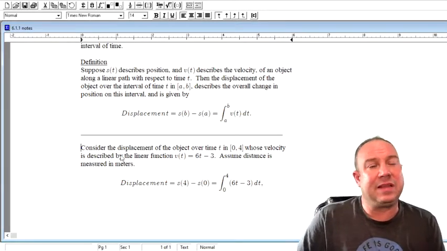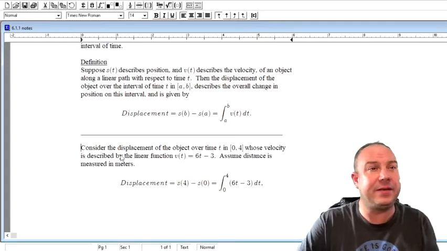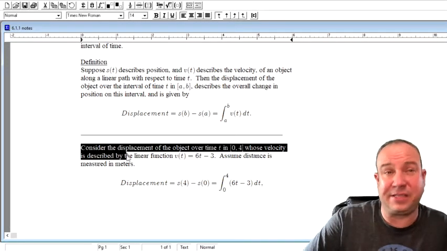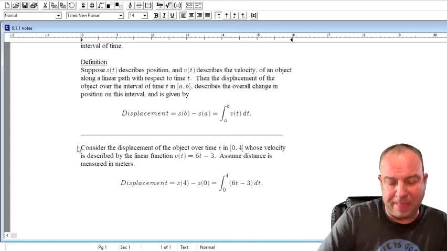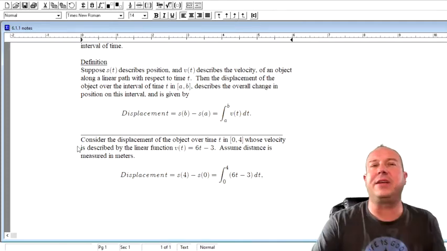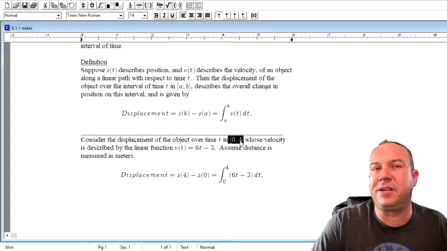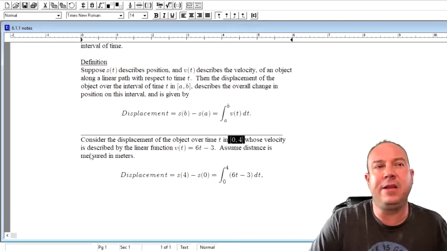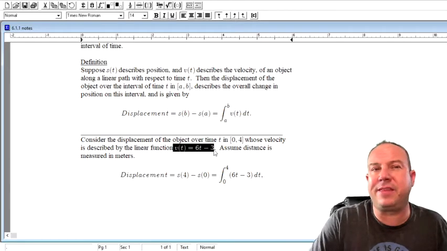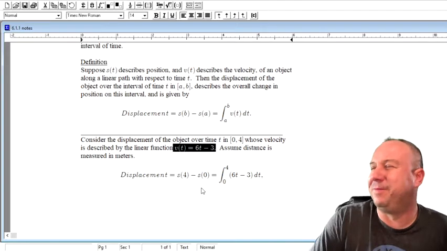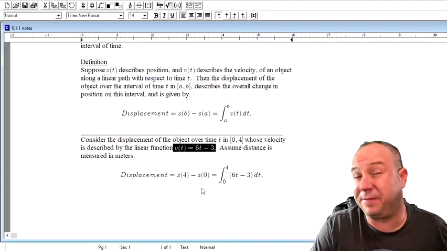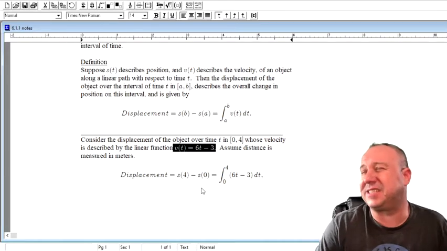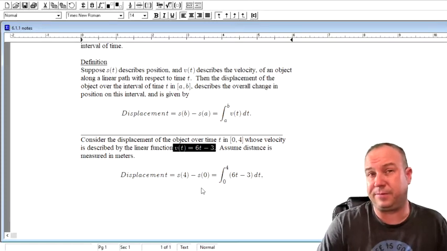So let's look at an example, and I do give an example here. Consider the displacement of the object over time t in the interval from 0 to 4, whose velocity is described by the velocity function, v of t equal to 6t minus 3.